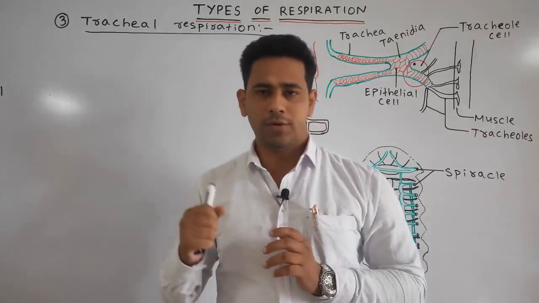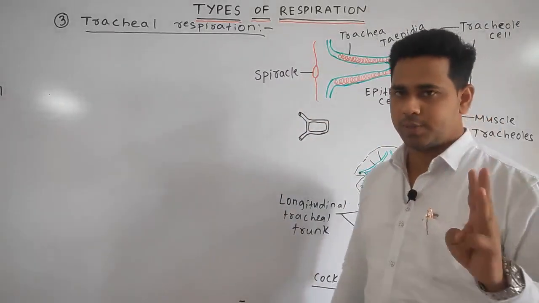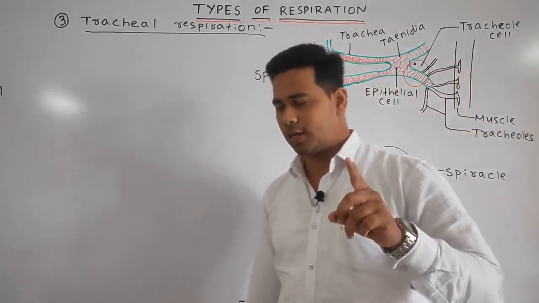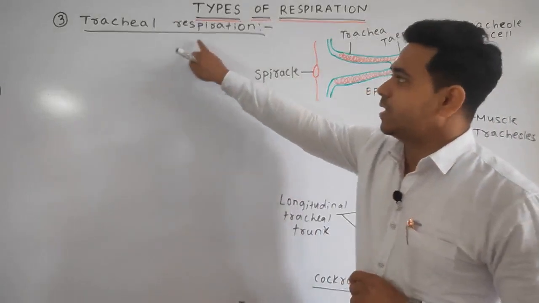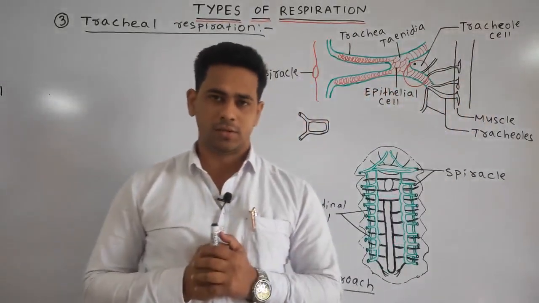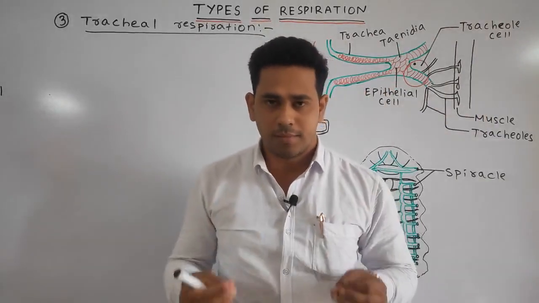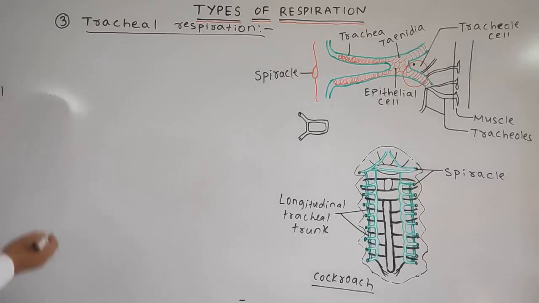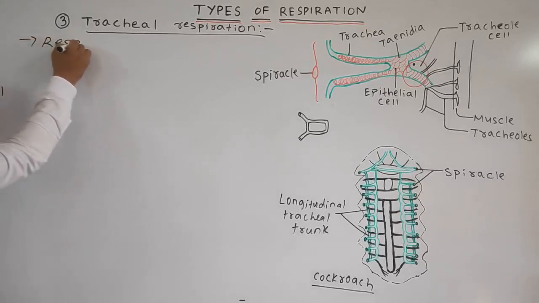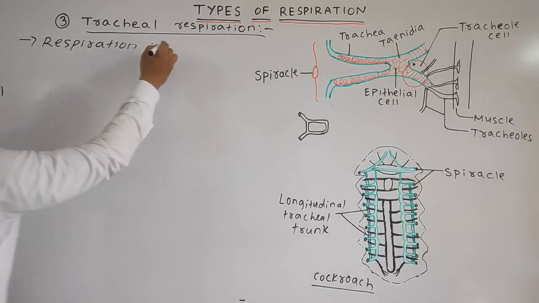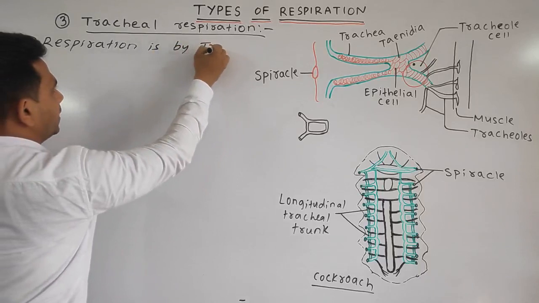Firstly, the third type of respiration according to the presence of the respiratory organ is tracheal respiration. Simply, as the name suggests, the respiration is being done with the help of the trachea. So our first point: respiration is by trachea.